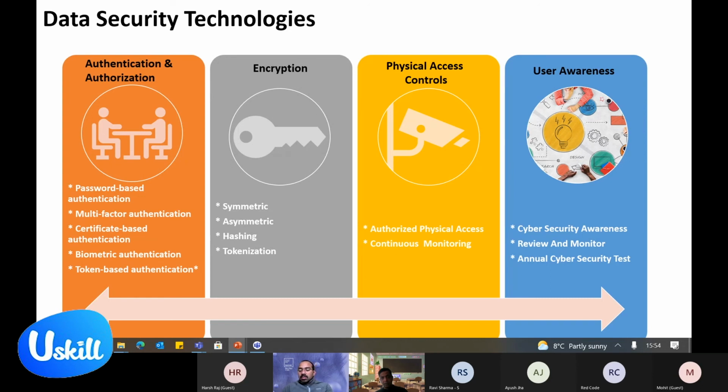I have seen that even top-level people are not very aware about cyber security, and inadvertently or by mistake they disclose very sensitive information via email, on social media, or in a cafeteria or airport. So whenever we implement data-centric security, these are the most important technologies which can help you in the whole process of encrypting the data.